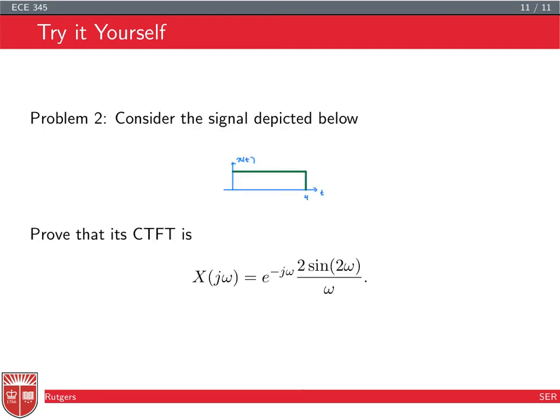Another example to do at home is the following x of t, which is equal to 1 between 0 and 4, and to prove that its CTFT has the following expression. Maybe I did not specify it, but here it's equal to 1.